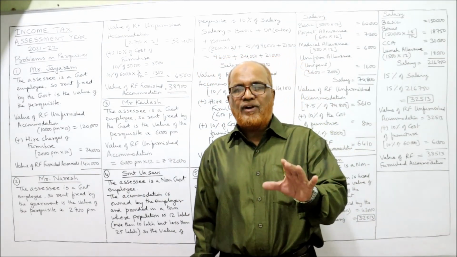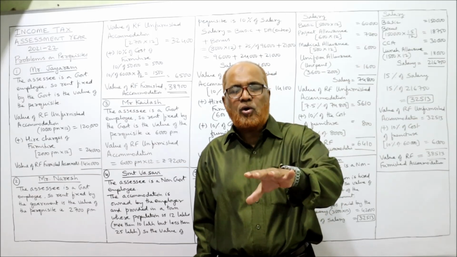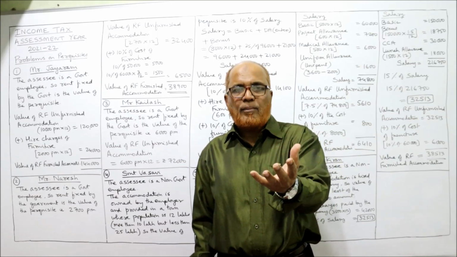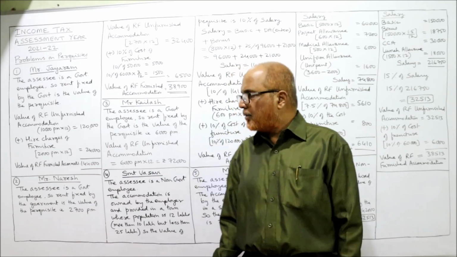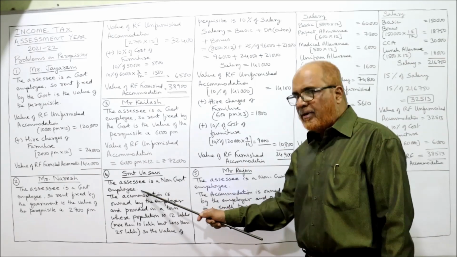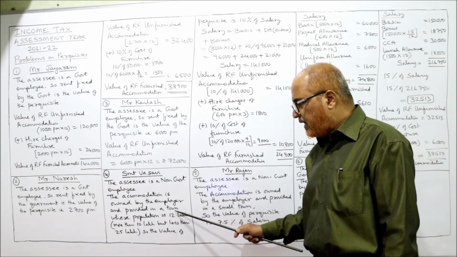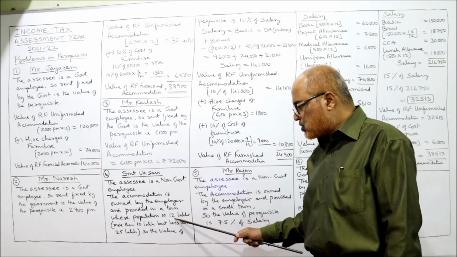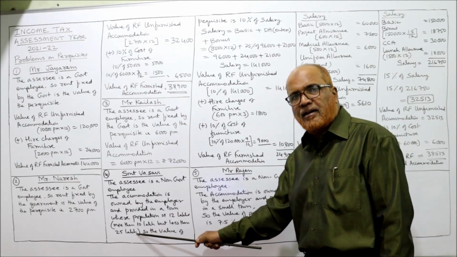So this is the problem where the employee is a non-government employee and the accommodation is owned by the employer. Srimati Vasavi is a non-government employee. The accommodation is owned by the employer and provided in a town where population is 12 lakh, which means more than 10 lakh but less than 25 lakh.